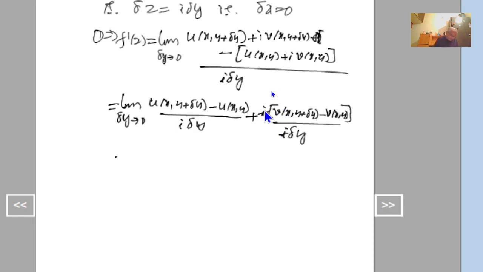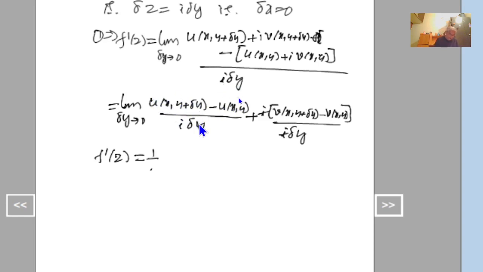Now the left hand side is f dash of z is equal to, see here, this term. There is a change in y. Here we have y plus delta y, here we have y. There is no change in x. This is nothing but differentiation of u with respect to y, treating x as constant quantity. That means this is dou u by dou y.